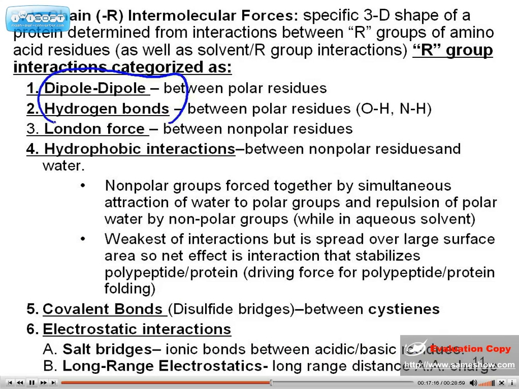Now we have dipole-dipole and hydrogen bond. Let's stick with the easy ones first.